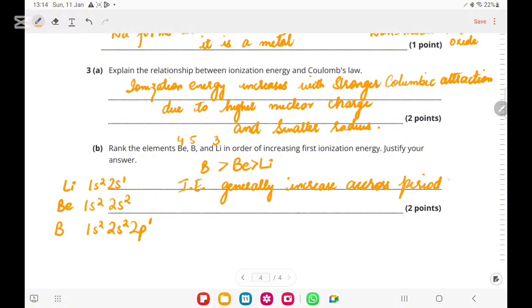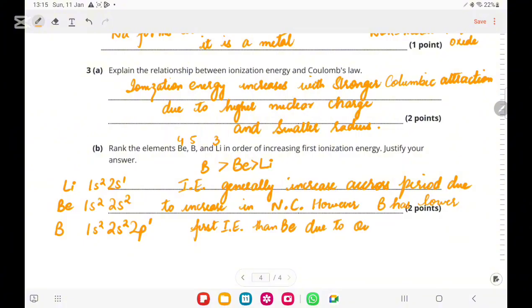However, boron has lower first ionization energy than beryllium, due to the outer electron being in a higher energy sublevel, which is more shielded.